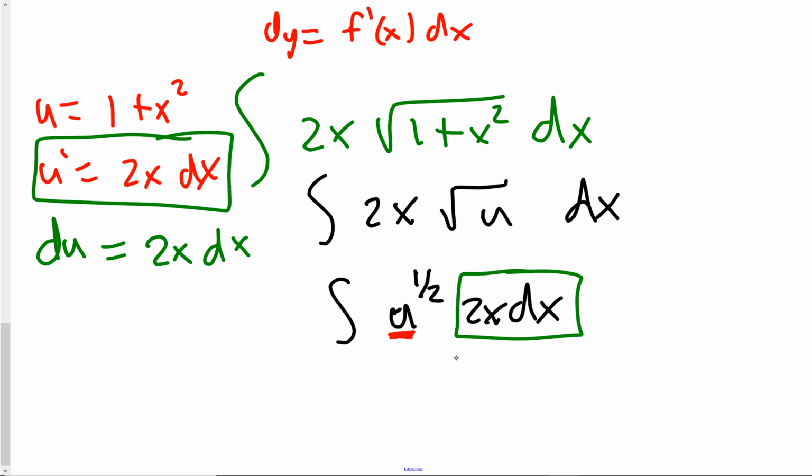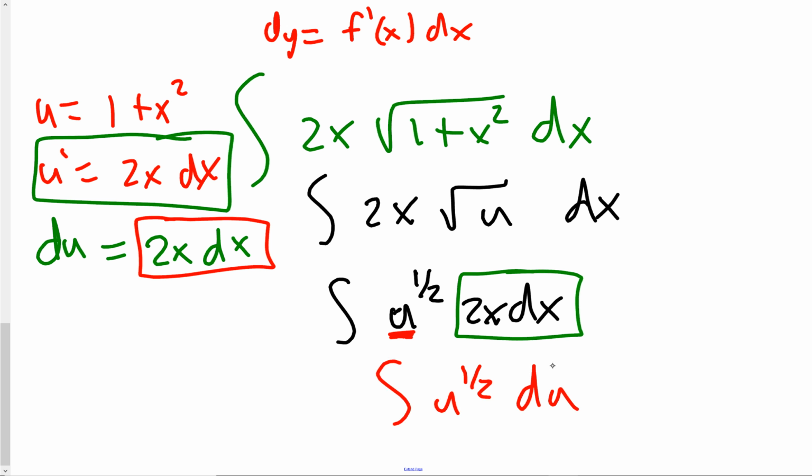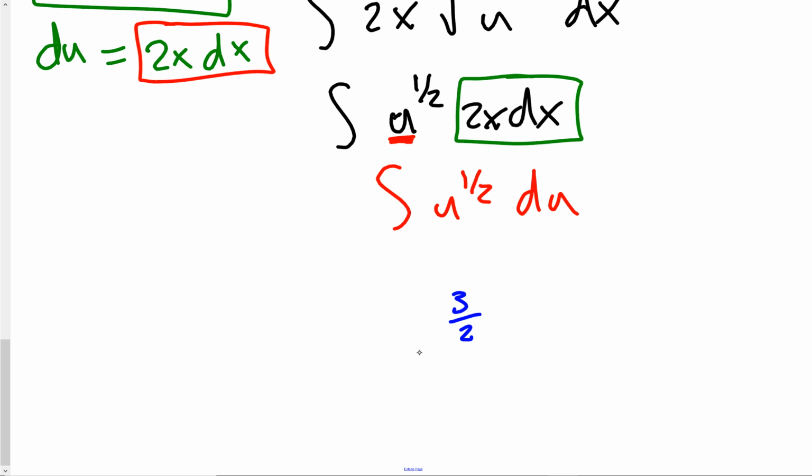So I want to solve for what's left. These two need to be the same. So then I can substitute du for 2x dx. So the integral of u to the 1/2 du. Now I can go ahead and take the integral of this, because now I can just use the power rule. I add 1, which is 3/2.